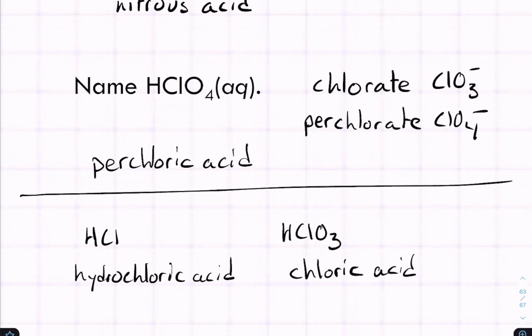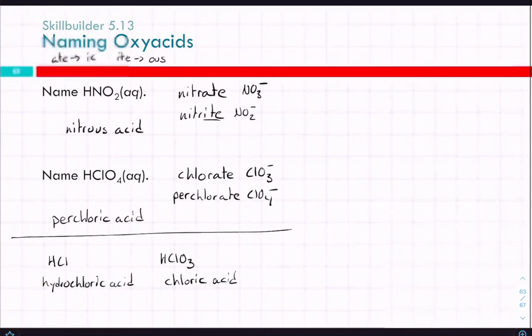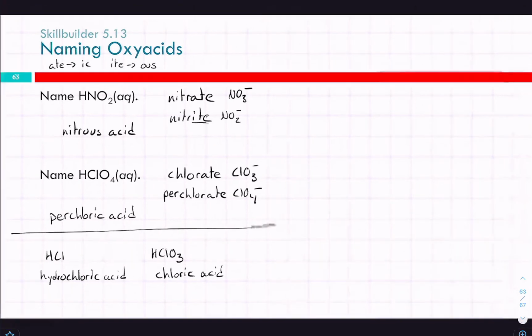So the hydro is telling you this is a binary acid. And this is different from the oxyacid chloric acid, because otherwise they'd be named exactly the same.